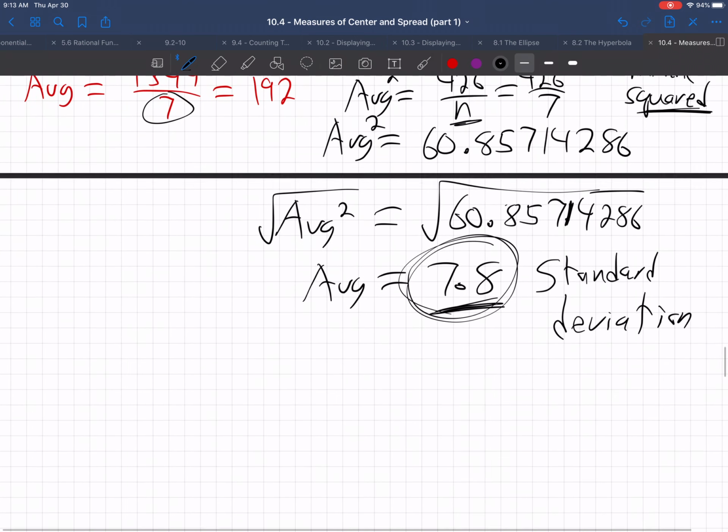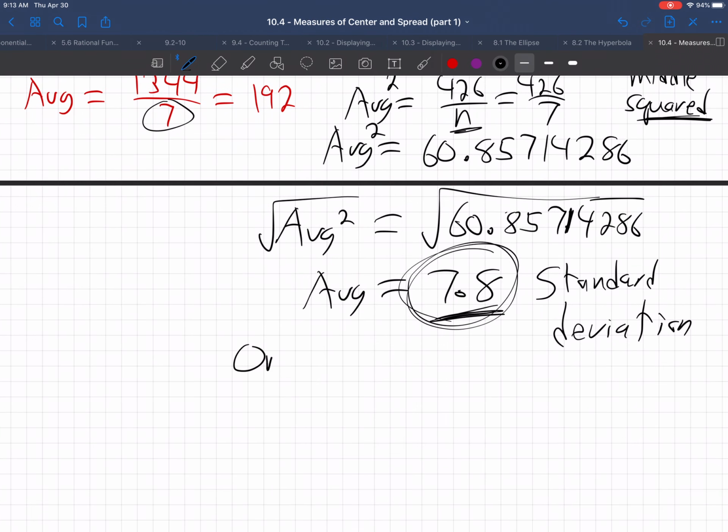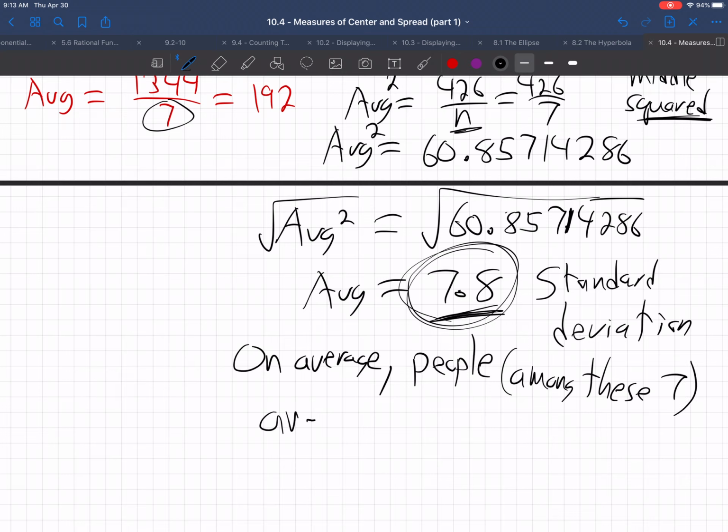That's what that means. That means, on average, people in this data set among these 7 are 7.8 pounds from the middle.